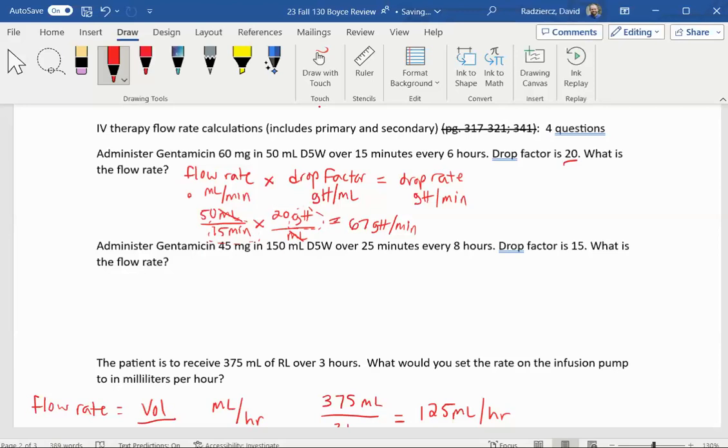Hey, Dr. Rod. Try the second question, the 45 milligram gentamicin, and see what you get, and then we'll confirm or deny your answer.